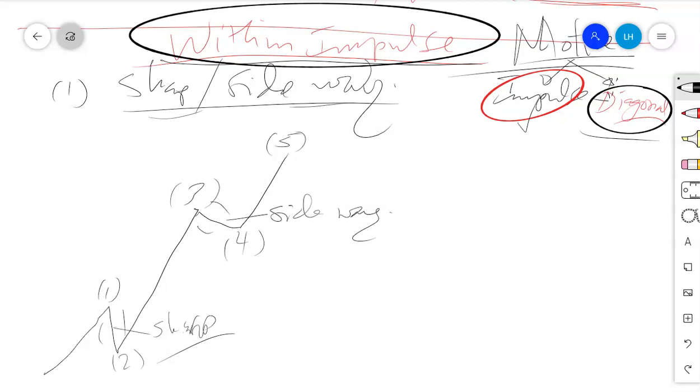So wave number 2 is sharp, wave number 4 is sideway. The alternative way will be when wave number 2 is sideway. Then here will be number 3, and number 4 will be sharp, and things go on in that way. So this is 1 and this is 2, now this is 3, this is 4, and finally this is 5.